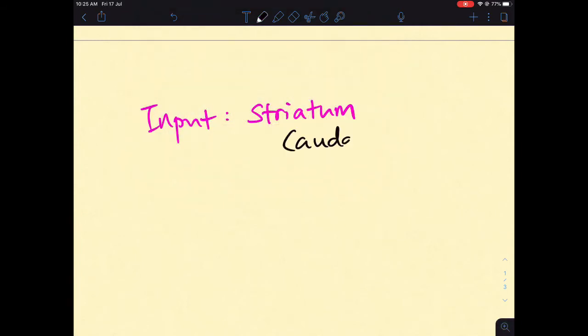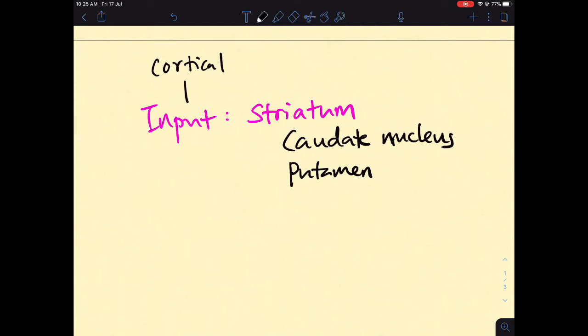It's the striatum. And as we said, the striatum consists of the caudate nucleus and putamen. So the cortical fibers have their input into the striatum.